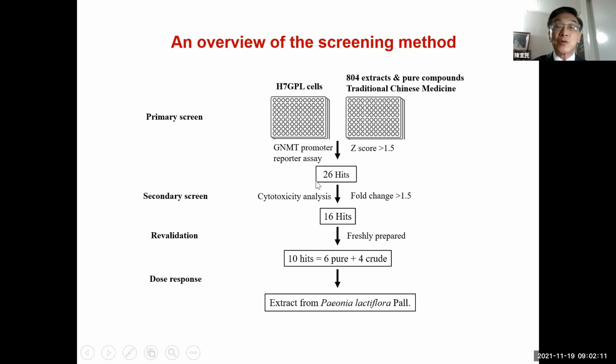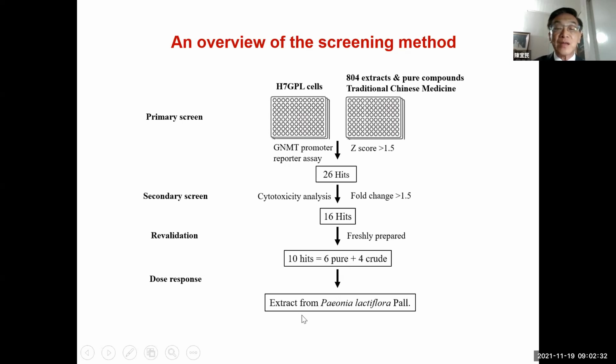So through this drug screening program, for the primary screening, we found there are 26 hits. Then we studied their cytotoxicity, limiting to the less cytotoxic ones, so it decreased to 16 hits.